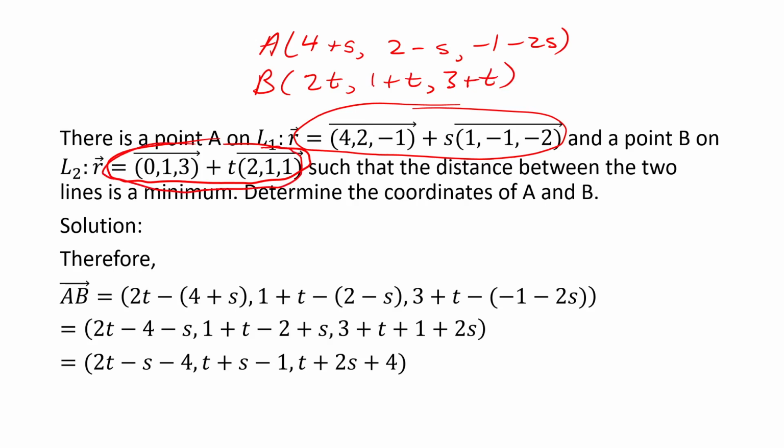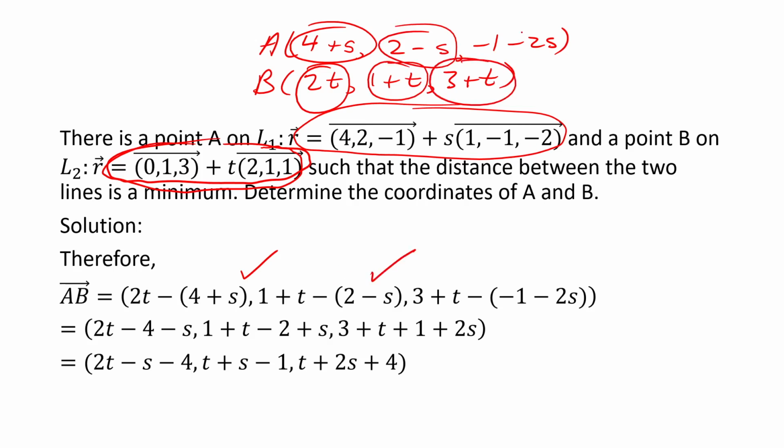And then we just determine what the vector AB is. The vector AB is just going to be 2t minus the quantity 4 plus s, 1 plus t minus the quantity 2 minus s, and 3 plus t minus the quantity negative 1 minus 2s. We're just going to distribute these minus signs in. Pretty straightforward stuff.